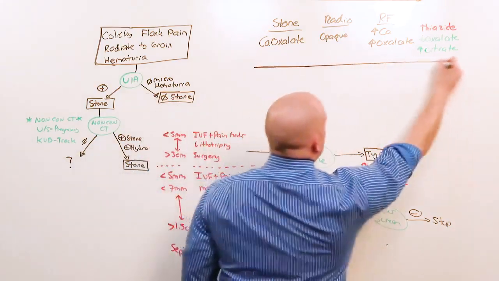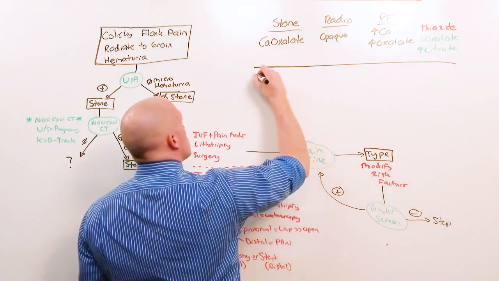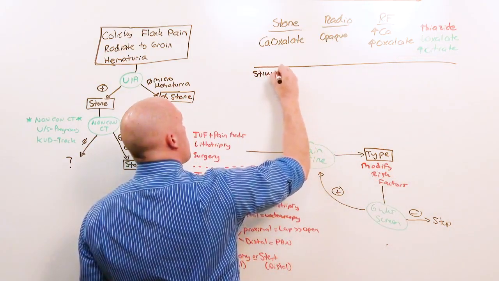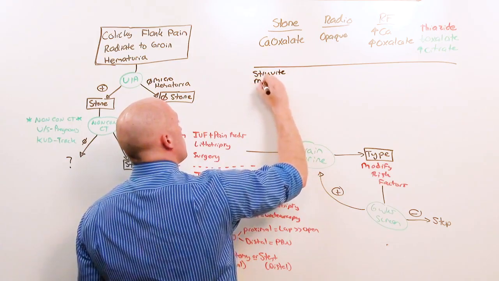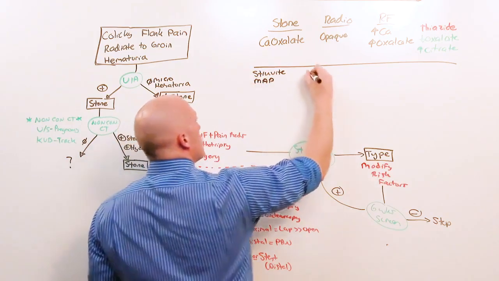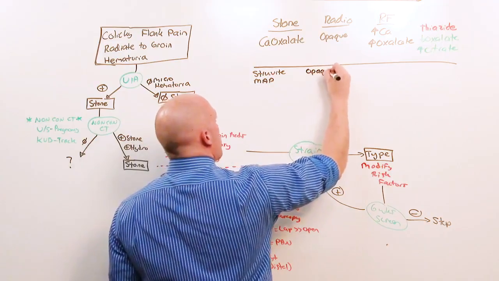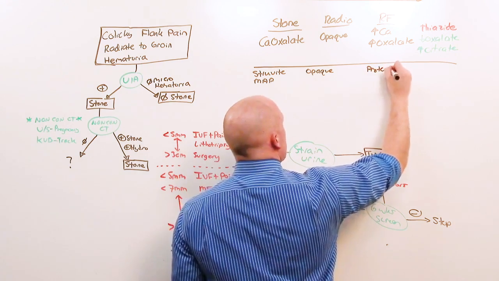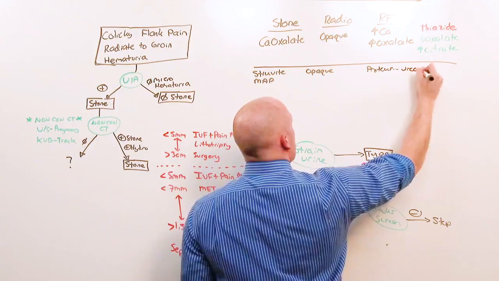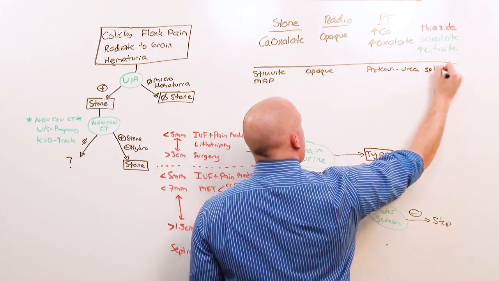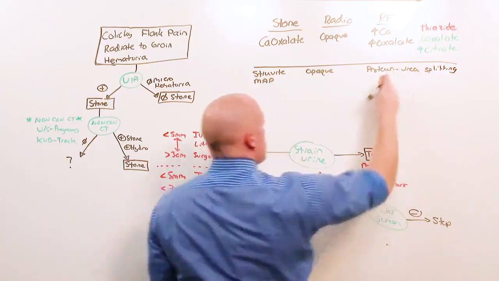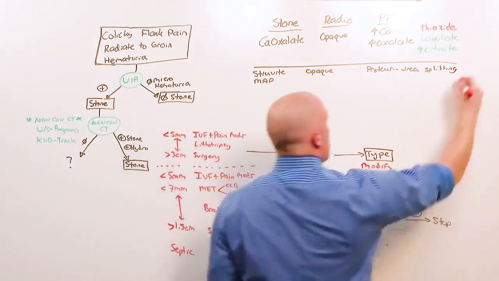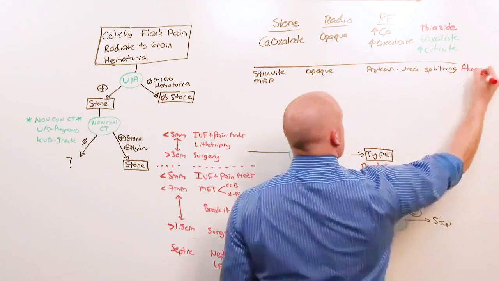The second most common is the struvite stone, magnesium, ammonium, phosphorus. This is opaque. It is caused by UTIs like Proteus, which have urea splitting activity. And so whenever you have a UTI, manage it aggressively.